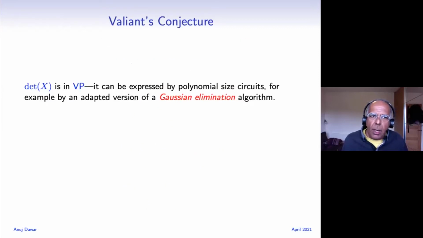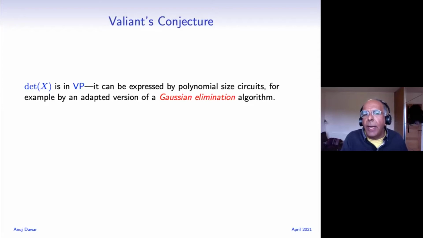Now, the determinant as a polynomial is in VP. You wouldn't know it from the expression I wrote, because that expression was not a polynomial size circuit. But you take a routine algorithm for computing the determinant, like a version of Gaussian elimination, and you can implement it as a circuit.